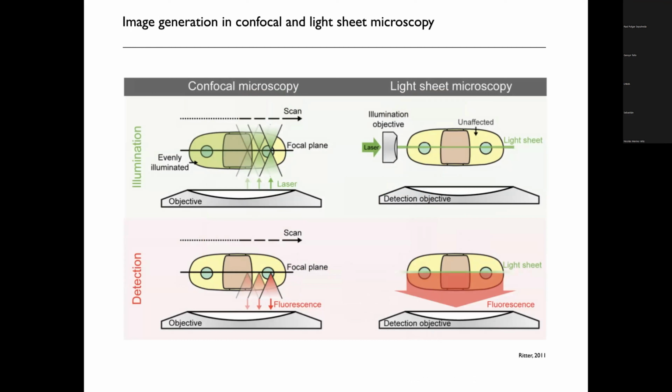When we compare this approach to improve the contrast with the probably more well-known confocal laser scanning microscopy type, we can see the following. In confocal microscopy, we illuminate an extended sample by a focused laser beam, which is guided in a plane along the sample.